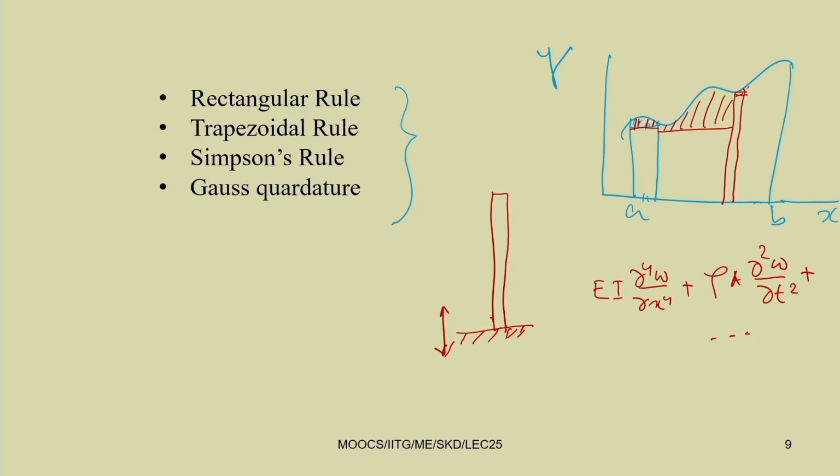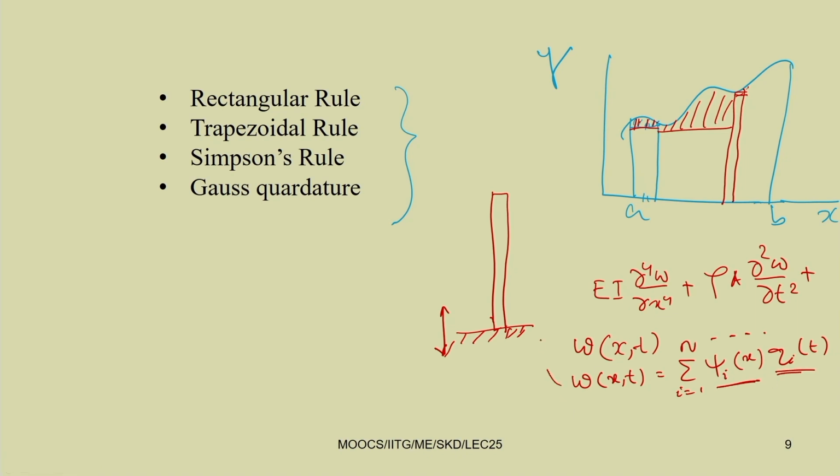Here W is a function of both space and time. To reduce it to its temporal form, generally we use W x t equal to summation psi I x into q I t, where I equals 1 to n. Taking n number of modes, psi I are the mode shapes and q I is the time modulation.